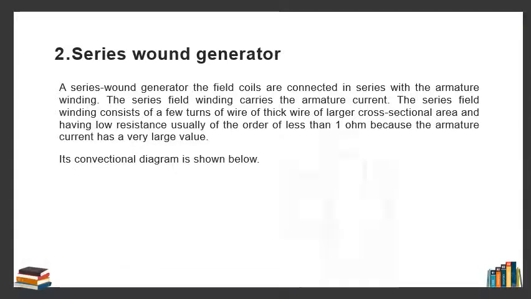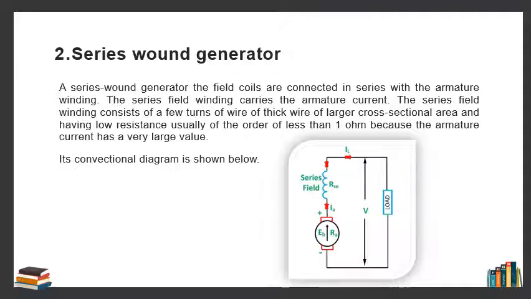Its conventional diagram is shown below. We can see the diagram. In this diagram, the field winding is connected in series with the armature winding. So this machine is known as a series bound generator.